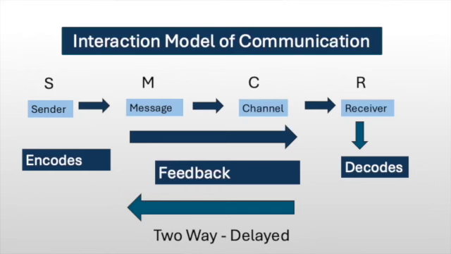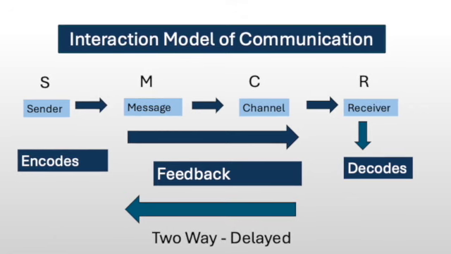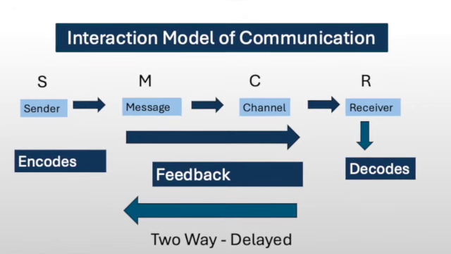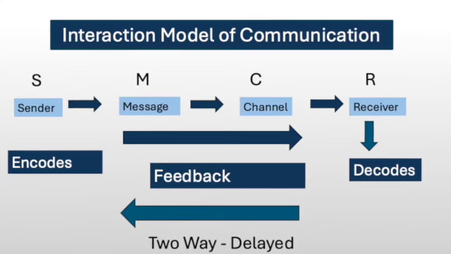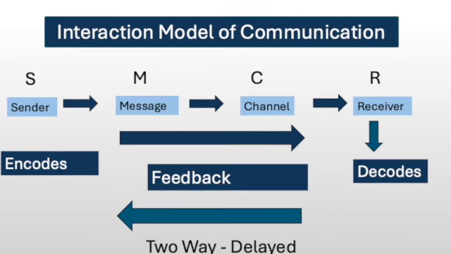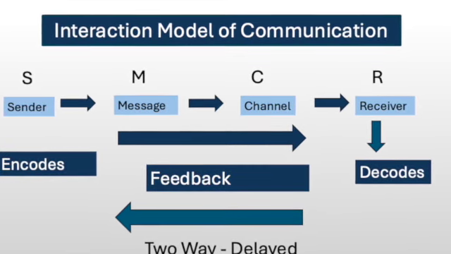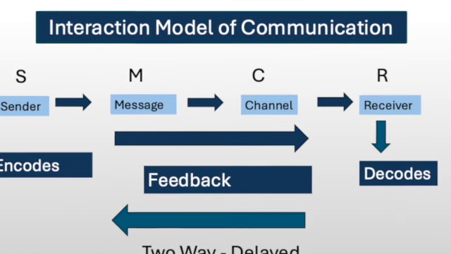First, you have the sender. The sender encodes. And when a sender is encoding, they're thinking about the best way to package the message. You still have a channel, and a channel is the way the message is being sent. Are we sending it through a text? Are we sending it through a voicemail? How about an email?